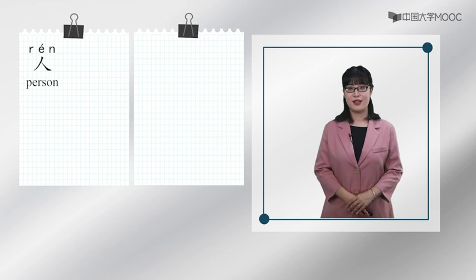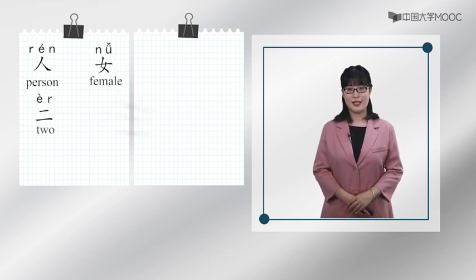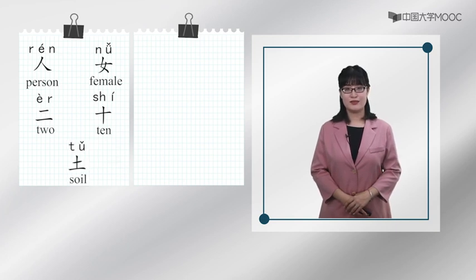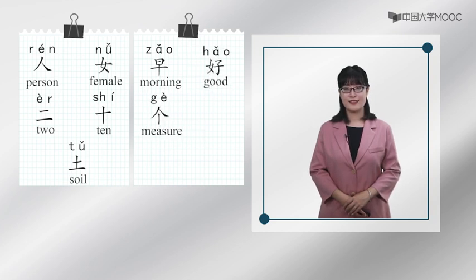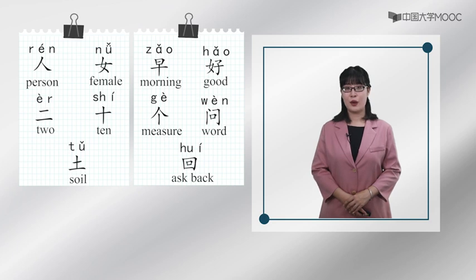人、女、二、十、土、早、好、个、问、回。What's the difference between them?